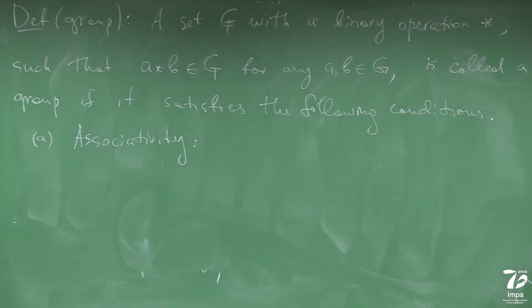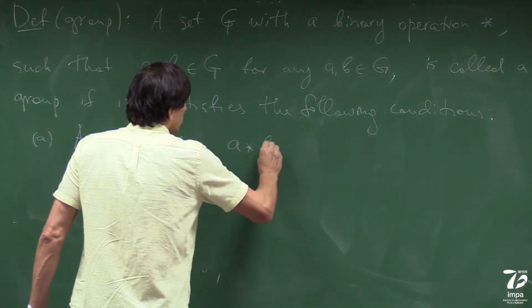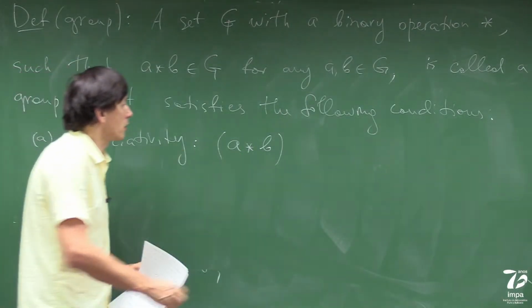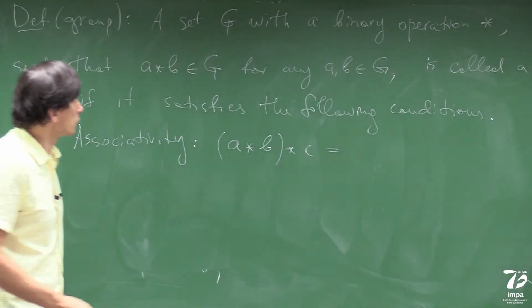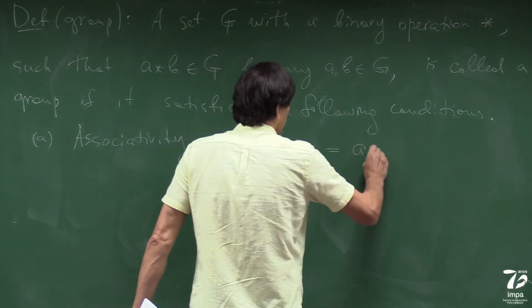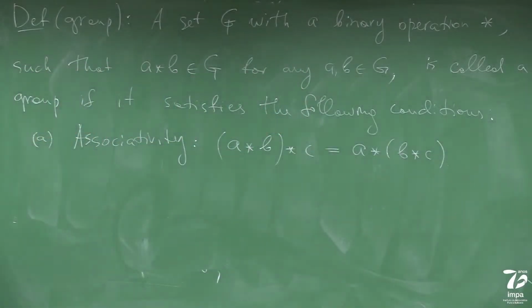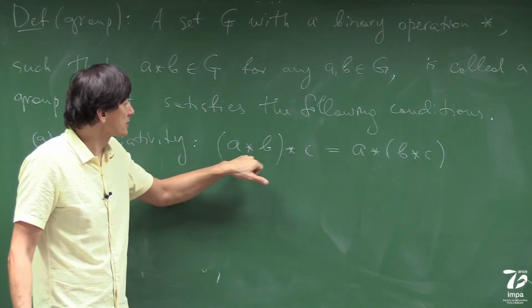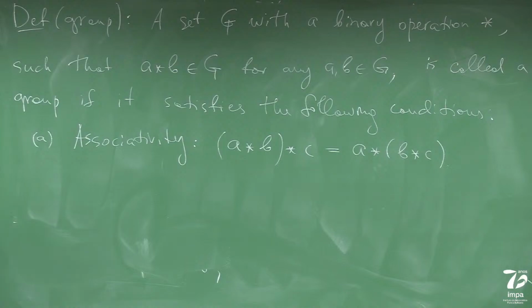It means that whenever you take the operation between two elements and then the third element, it doesn't matter in which order you do it. You can recognize that in usual numbers, or vectors, if you take the operation as sum or product, it's all right. It doesn't matter which sequence you use.